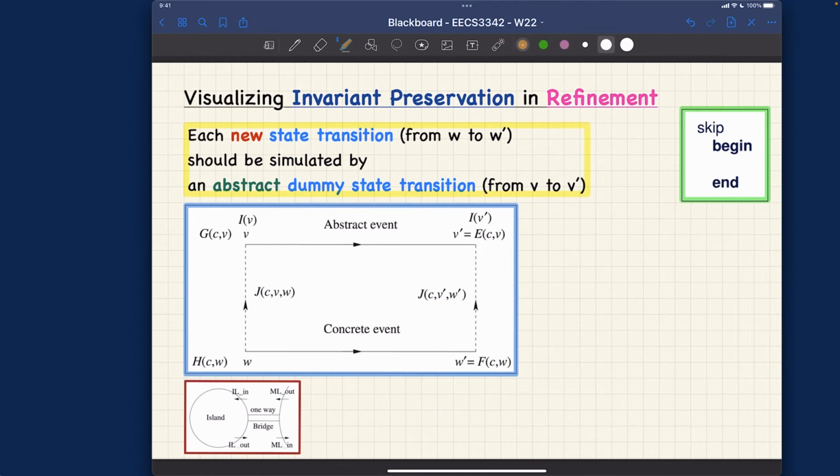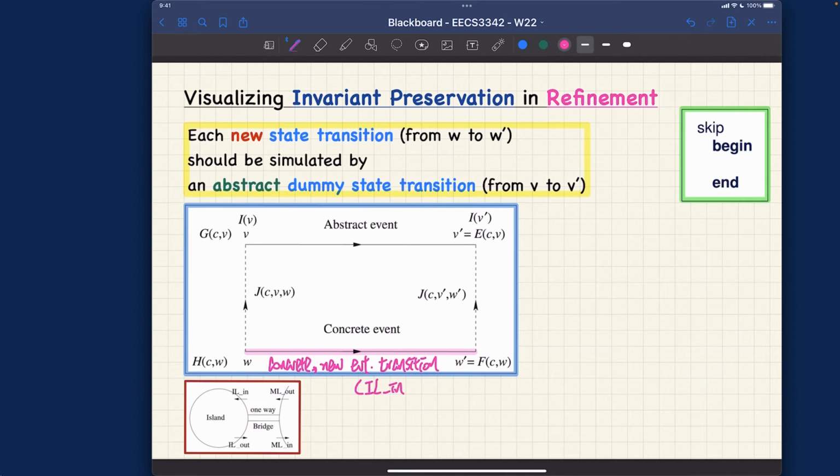So let's make sure we understand this diagram properly. This will be some concrete new event transition on a concrete state, of course. Specifically, we'll talk about IL in and also IL out.